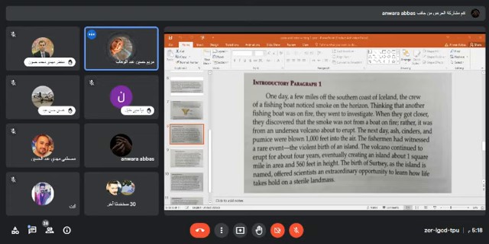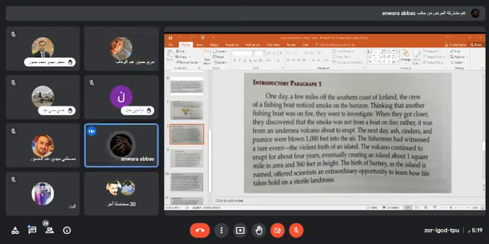The birth of Surtsey, as the island is named, offered scientists an extraordinary opportunity to learn how life takes hold on a sterile landmass.